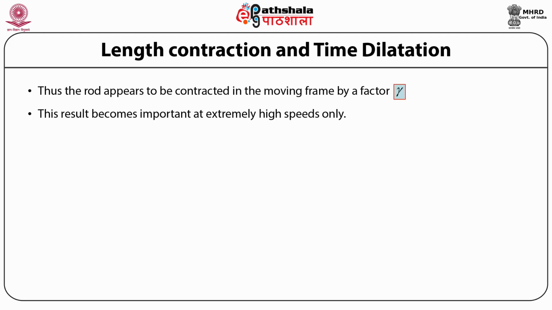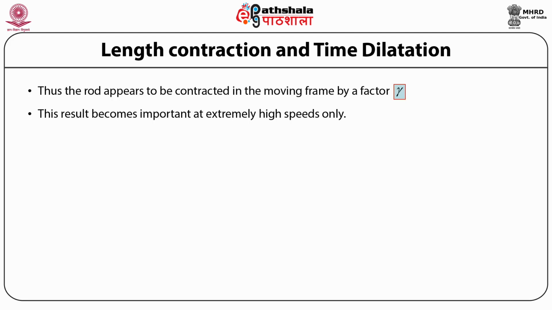Hence, this length contraction is something that we do not normally observe in our daily life, and hence does not seem to hamper the normal measurements that we do taking the help of Galilean transformation and Newtonian mechanics.